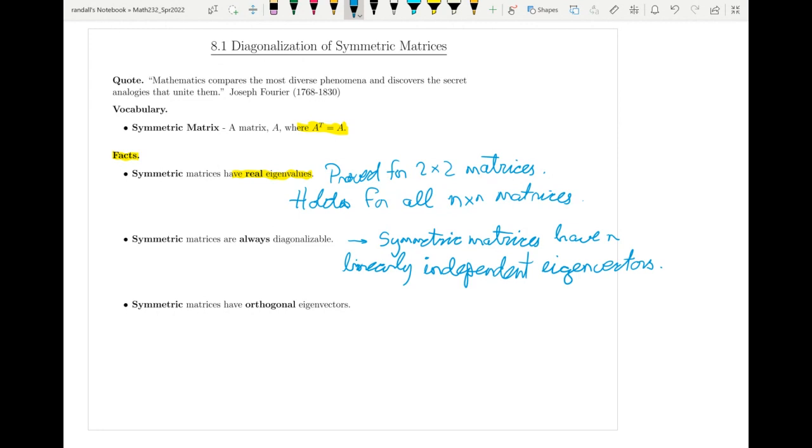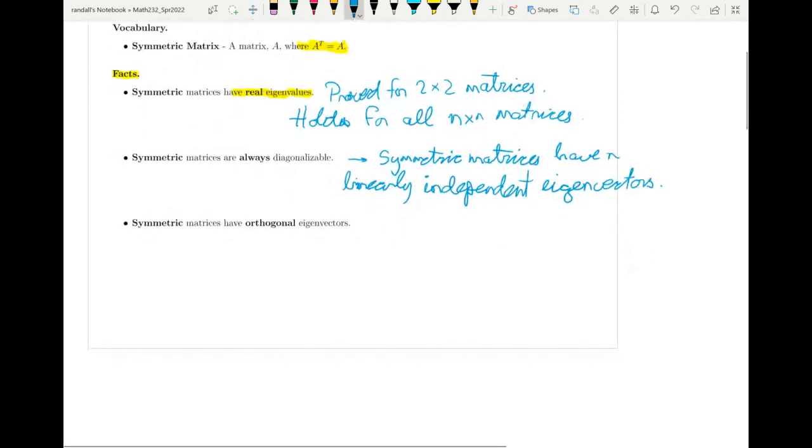And what's more, for symmetric matrices, let me write up here. First, recall, for any square matrix, whenever we're talking about eigenvalues and eigenvectors, the matrix is always square.